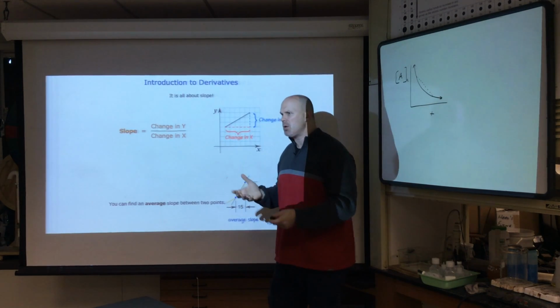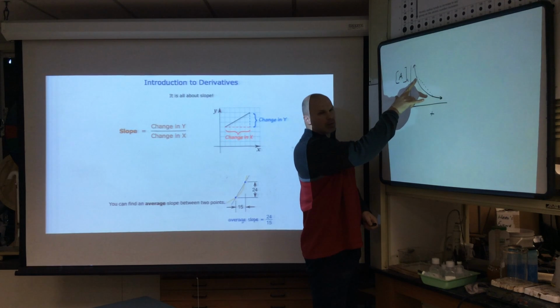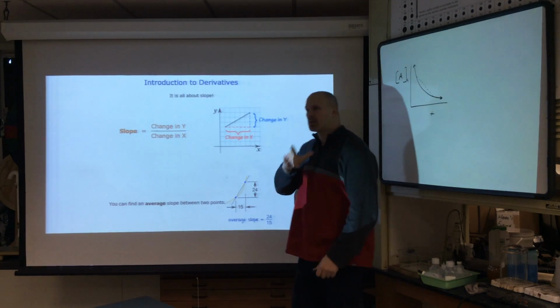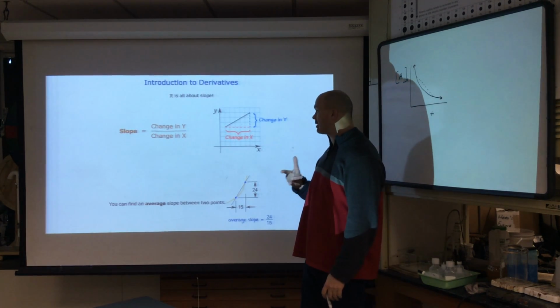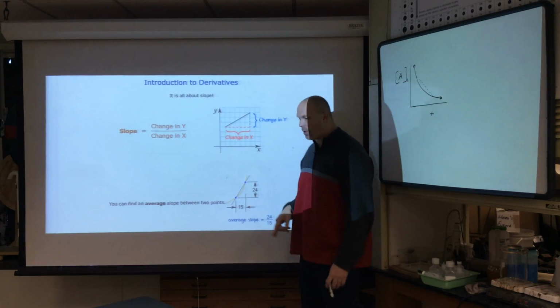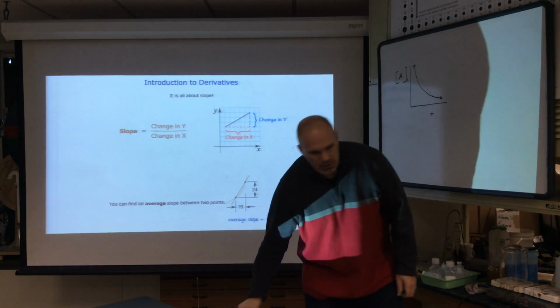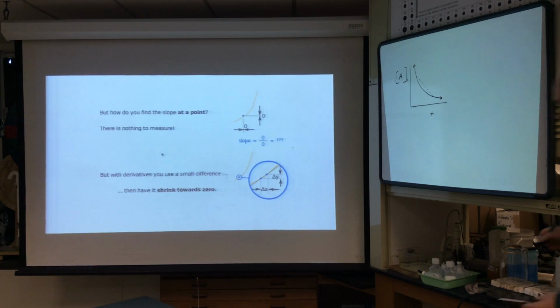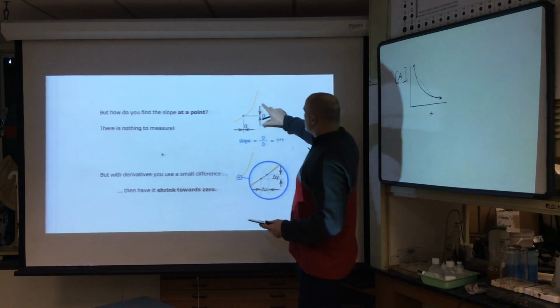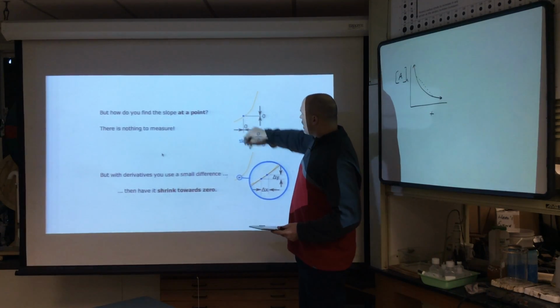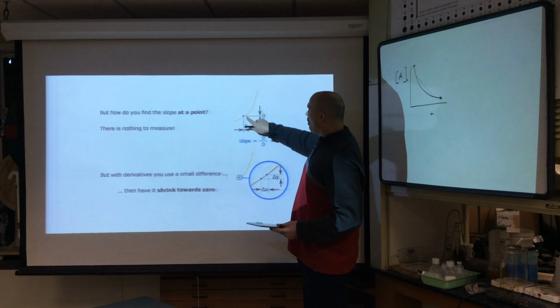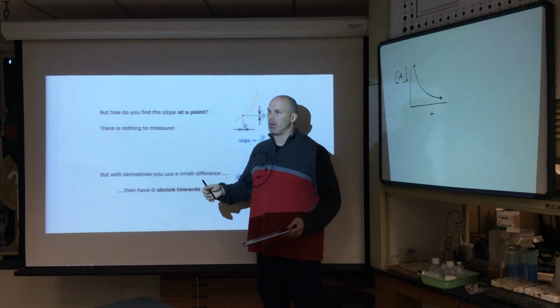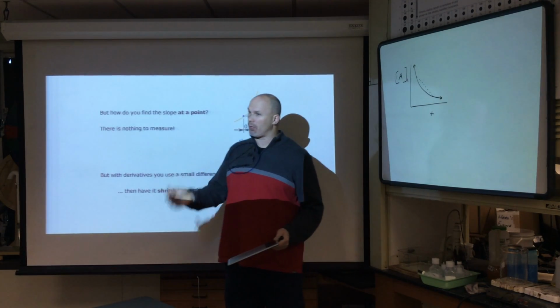So what we try to do is make these two points that we're studying smaller. That's why you learn about limits, hopefully limits to 0. We have a change of y with change of x, but I'm going to try to make those changes smaller. If we make these changes of y with changes of x so small that we get a point, what we call that is a derivative. In real life, we call that a differential.